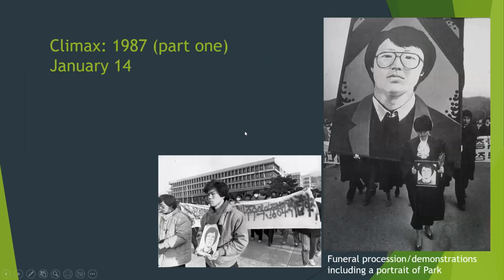So the climax. There were two major deaths that led to the climax of the Minjung movement in 1987. The first was in January, and it was the torture and murder of a student from Seoul National University named Park Jong-chul.